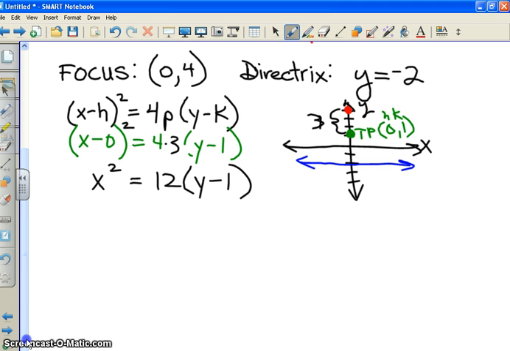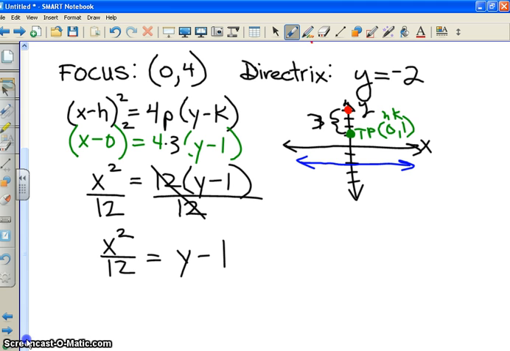Now you might be thinking, oh, let's distribute the 12. I'm actually not going to do that. It'll make our lives easier if we divide both sides by 12 to get rid of it. So that'll leave us x squared over 12 equals y minus 1. And then to get the y by itself, I'm going to add 1 to both sides.